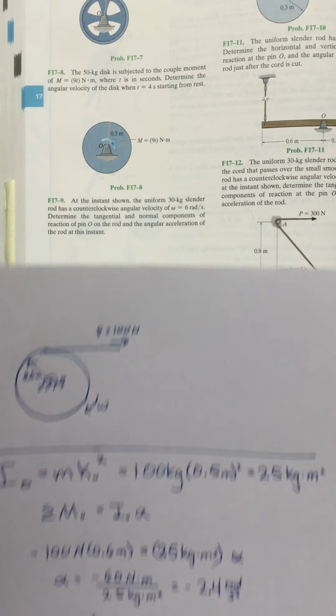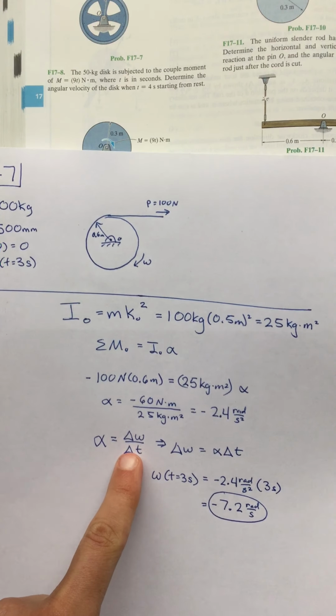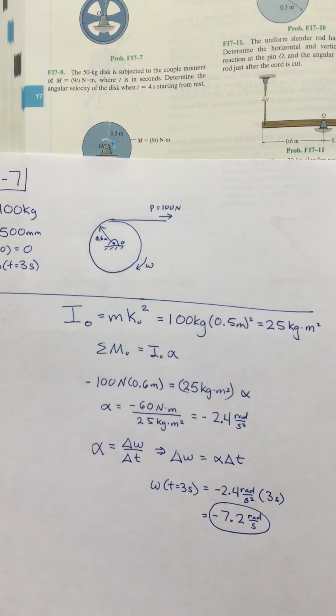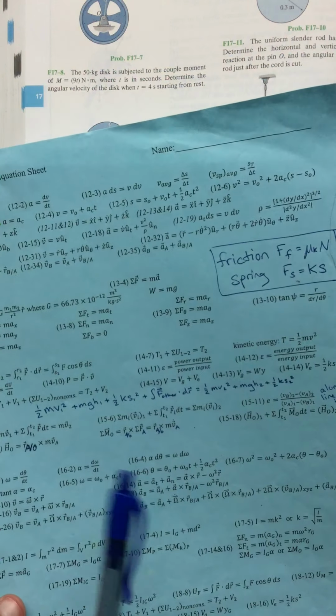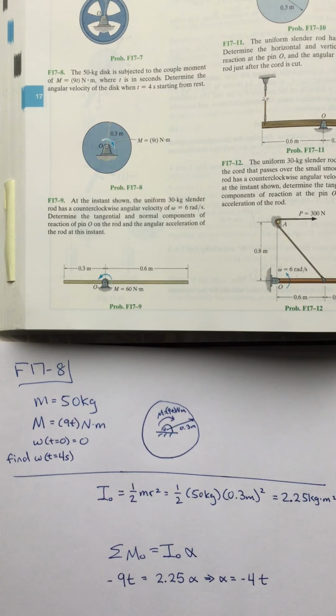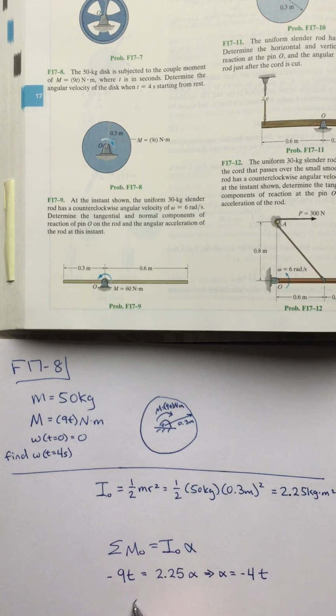So for the previous problem, we said change in angular velocity over change in time is equal to angular acceleration. That came from equation 16.2. Now we have to say angular acceleration is equal to the derivative of the angular velocity with respect to time.